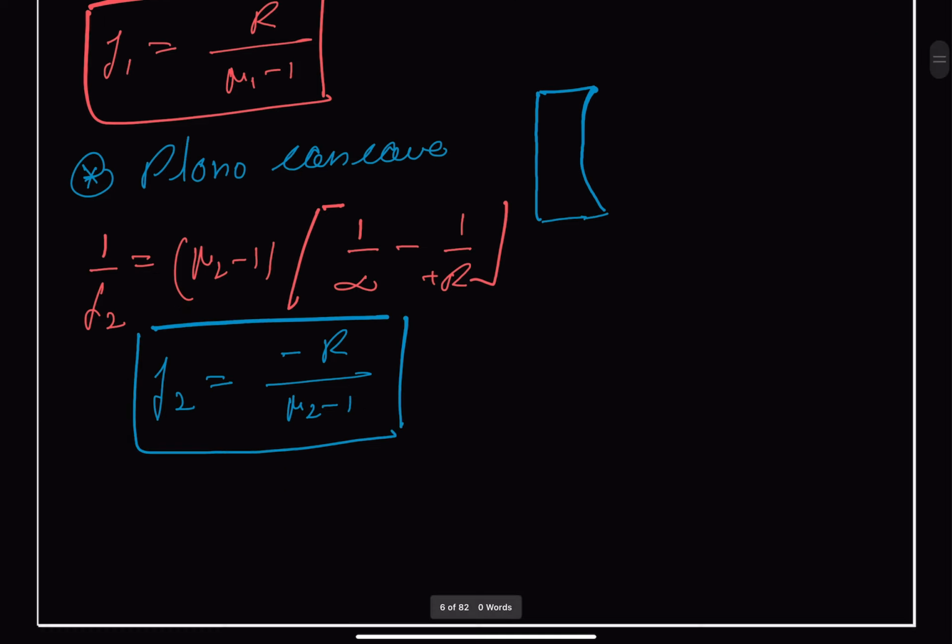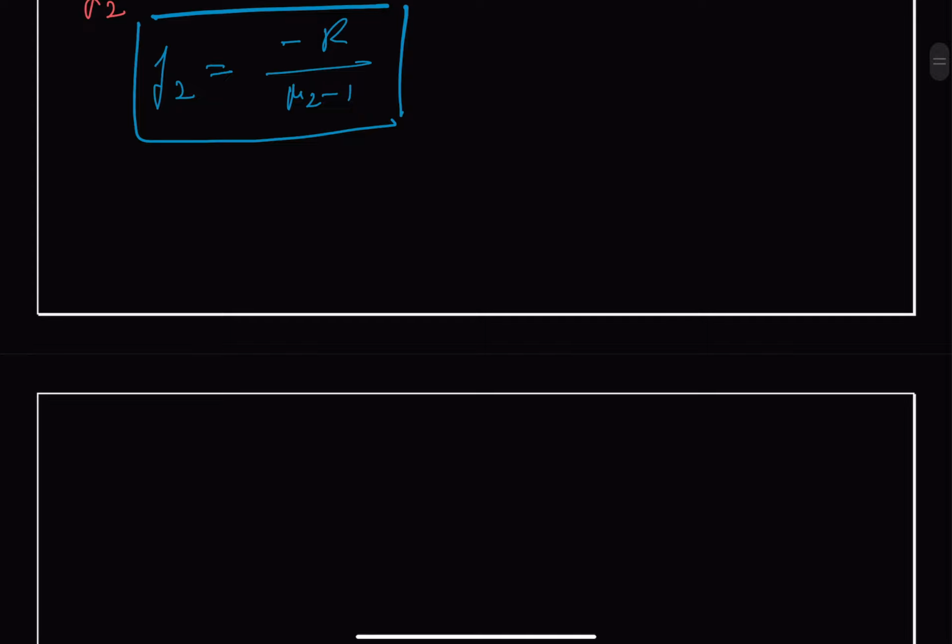And in the question itself, we are given that our f1 is equal to twice of f2.